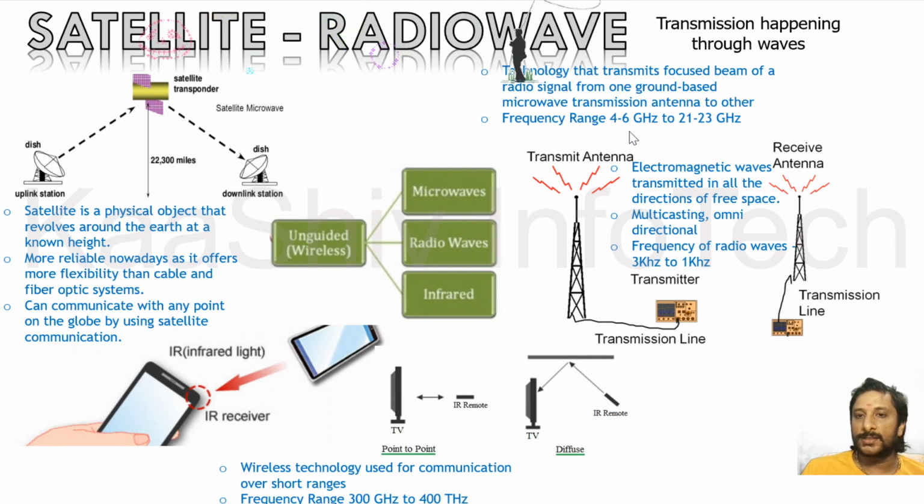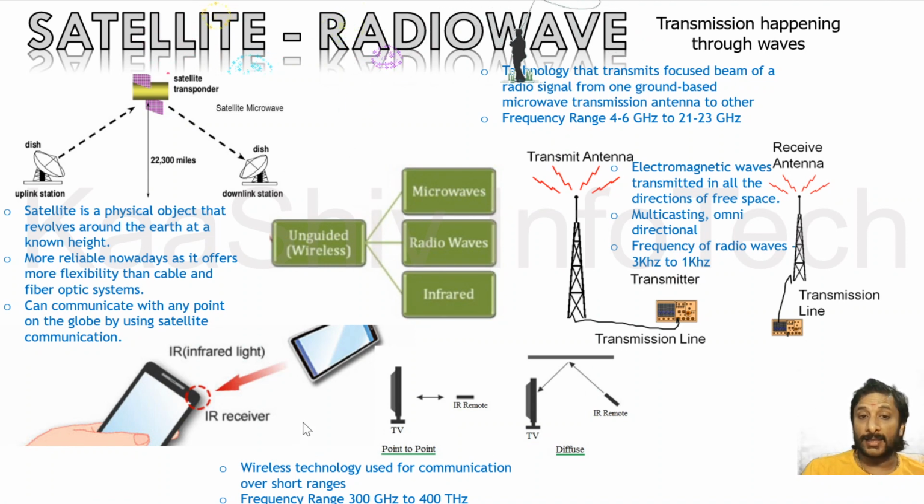The frequency range is almost 4 to 6 GHz to 21 to 23 GHz, and electromagnetic waves are transmitted between the two. Radio is obviously broadcasting to everyone, so it can be multicasting or broadcasting. It is omnidirectional, you can send in any direction. The frequency of radio waves is 3 kilohertz to 1 kilohertz. This is how things are.